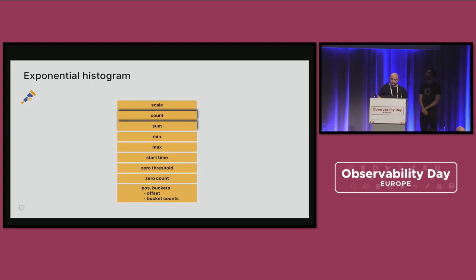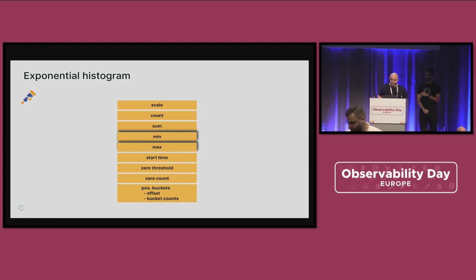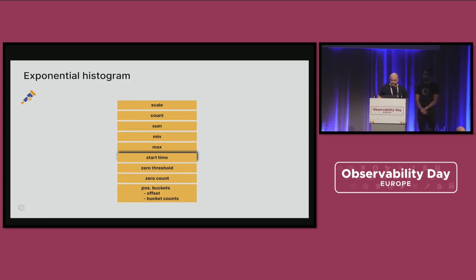The following fields are sum and count, where count is the total population of observations in a histogram, and sum is the sum of all observation values in a histogram. The optional min and max fields are used to record minimum and maximum observation values in the histogram. The value of start time denotes the start time of observations collection.